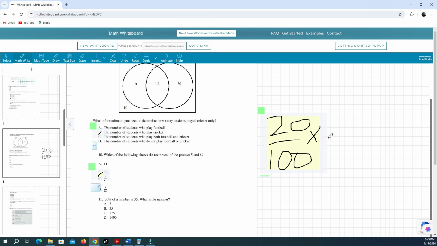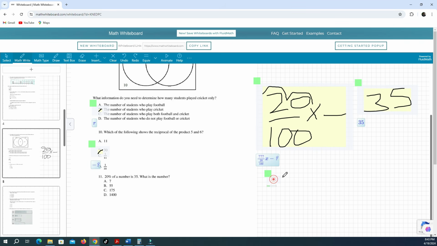So 20% of dash equals what? 35. Right, so you're gonna divide 20 by 100. So you go 2 places, so it's 0.2. So it would be 0.2 times something. That would give you 35.